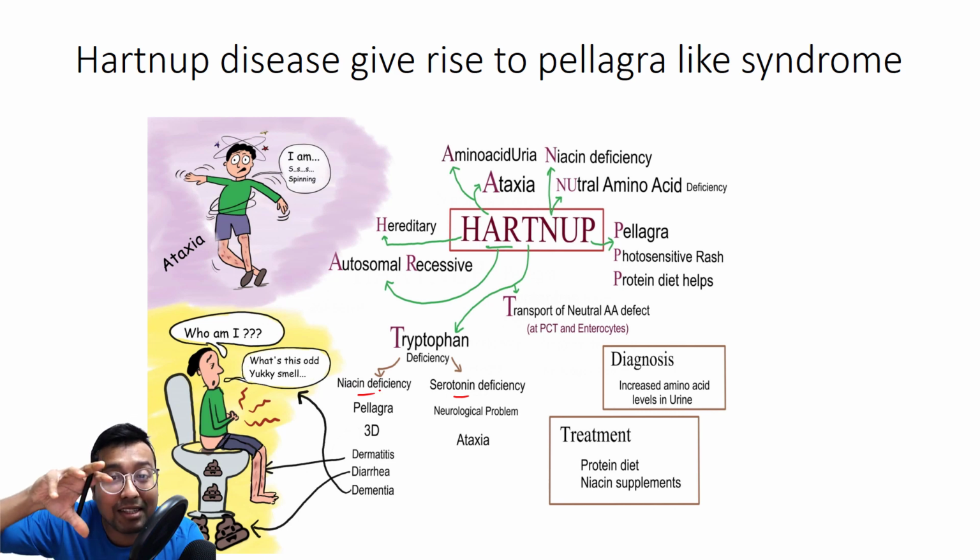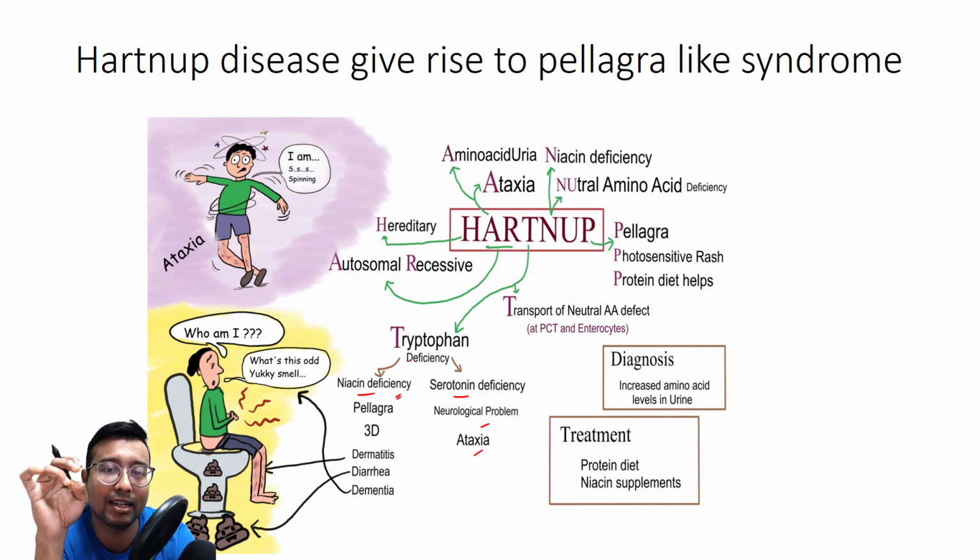So if you consider the whole Hartnup disease, the problem of ataxia, the neurological problem, can be explained by serotonin pathway deficiency. But here we are being asked specifically about pellagra. So you need to say that due to tryptophan deficiency there is niacin deficiency in the system, and niacin deficiency leads to pellagra-like syndrome. So this is basically Hartnup's disease.